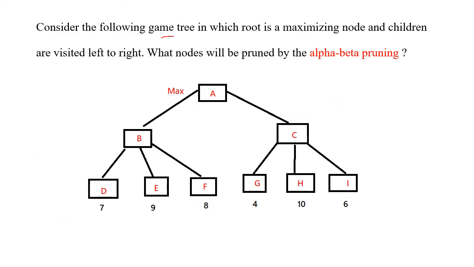In this game tree, we have to apply alpha beta pruning to find the nodes which can be pruned while making a decision at this root player A. A is the root player, which is a max player. A has two turns, either going through B or selecting the turn C. In order to make a decision, A has to traverse depth first until it reaches the leaf node.